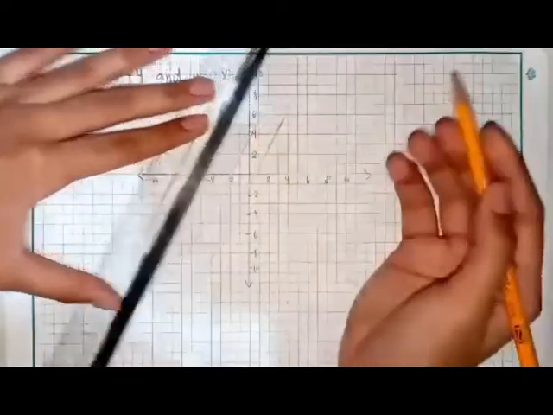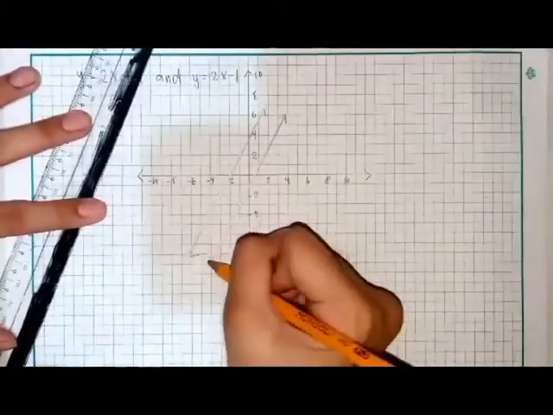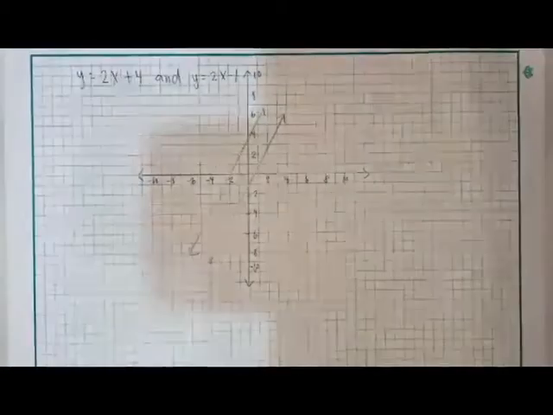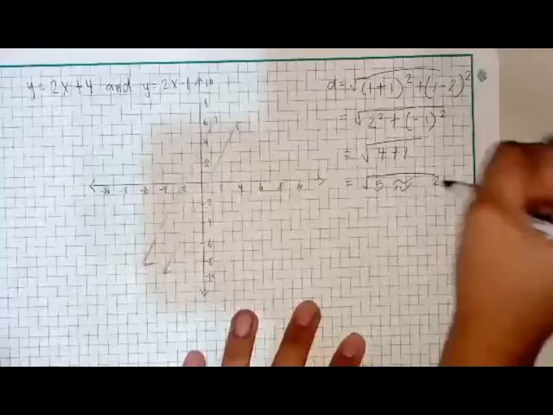Find a point on y equals 2x plus 4. Let's say negative 1 and 2. From here, use the slope of the perpendicular line to find the corresponding point on y equals 2x minus 1, and use these 2 points to determine the distance between the two lines.